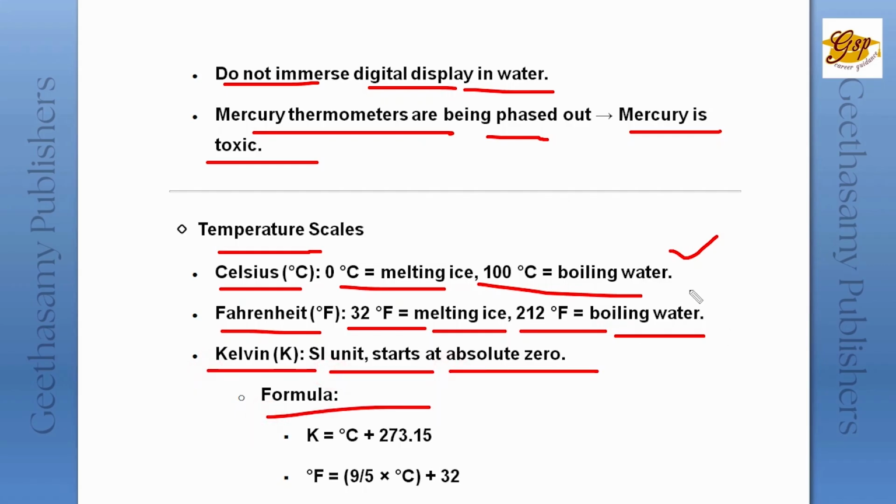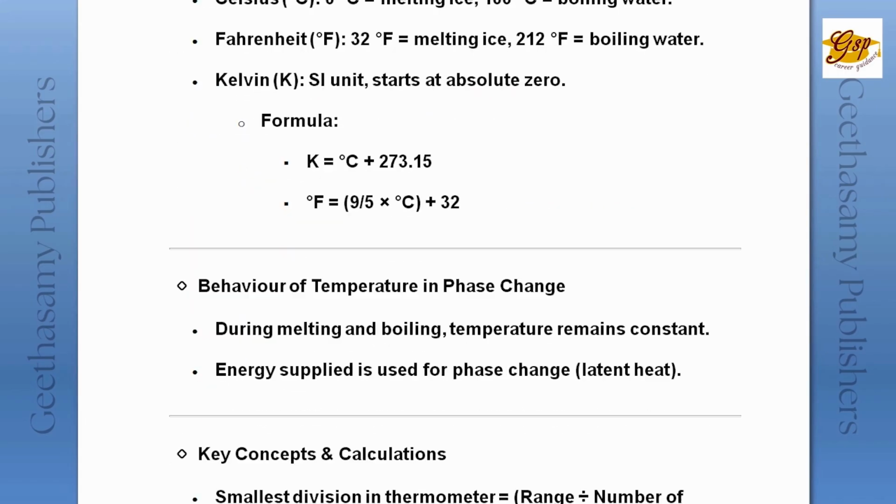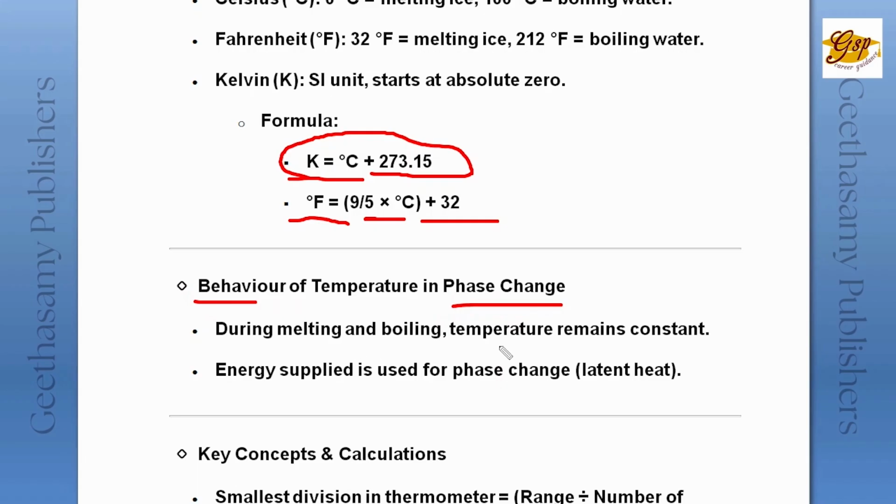The formula is K equals degrees centigrade plus 273.15. Degrees F equals 9 by 5 multiplied by degrees centigrade plus 32, right?